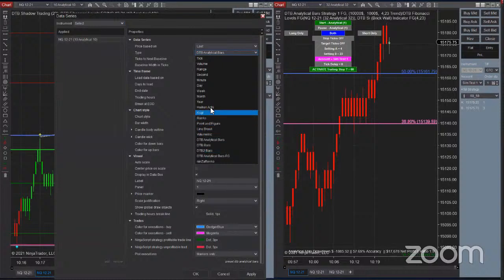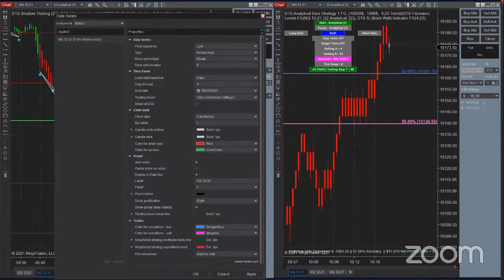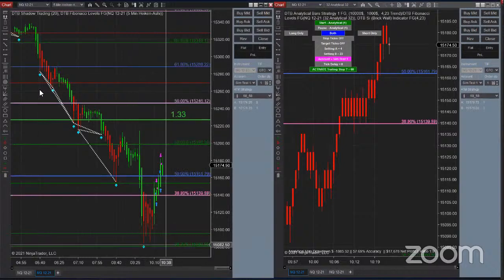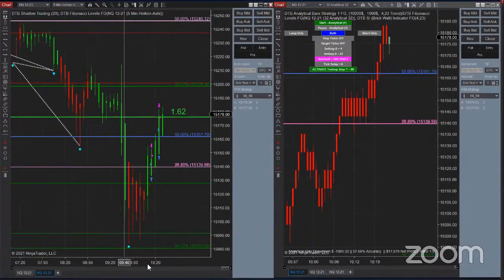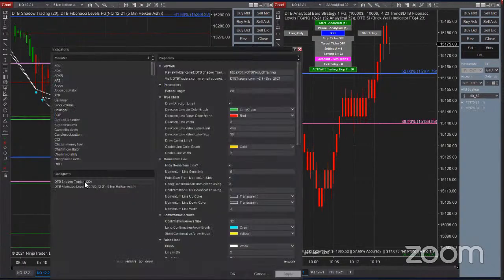Using the Fibonacci is okay to work with, because it gives you a flowing type of look. You can always add that on, then go to your indicator and choose the shadow trading. I will just put this back to how it was.